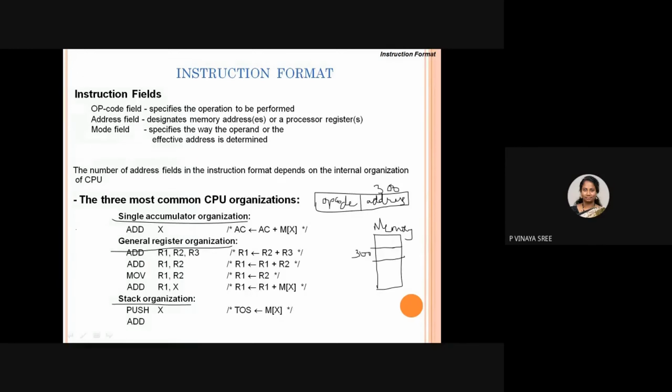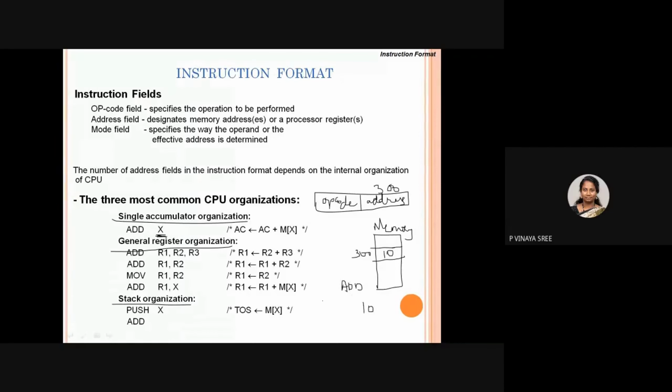See here: one operand will already be present in the accumulator, and for the other operand we need to mention its address. So, add x. We mention an address, so it goes to that particular address, 10, and we get the data. After decoding we know we need to perform an addition operation.